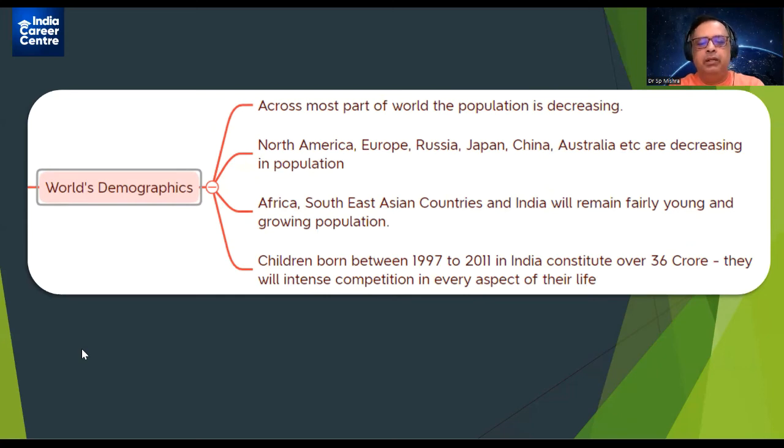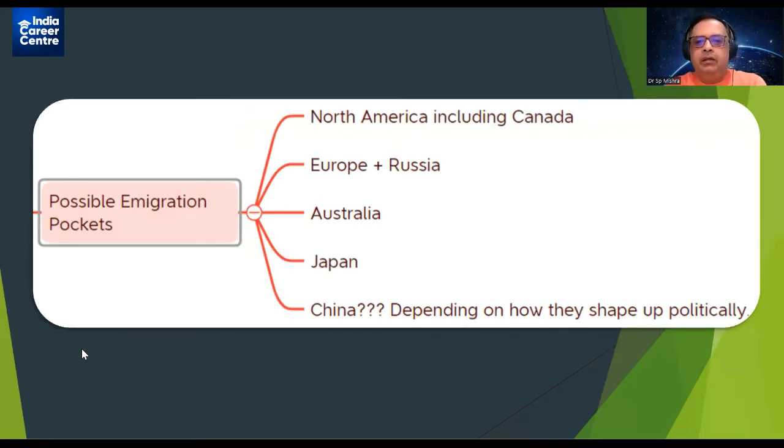This particular cohort will have intense competition in every aspect of their lives. So I very clearly see that a lot of younger people from Africa and parts of Asia, where populations are increasing, will have to immigrate to places like North America, including Canada, Europe, Australia, Russia, Japan, and China, possibly also.